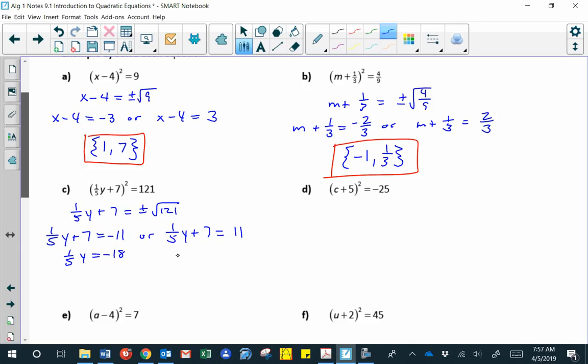Subtracting 7. And then multiplying both sides by 5, we get two solutions, negative 90 and 20.